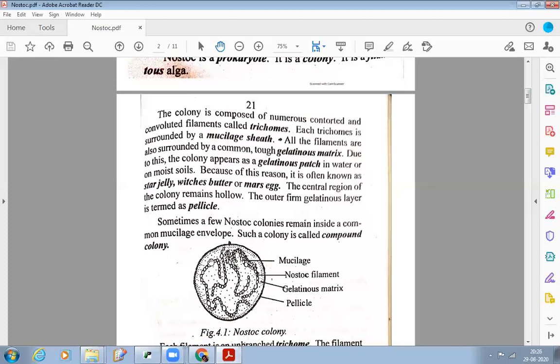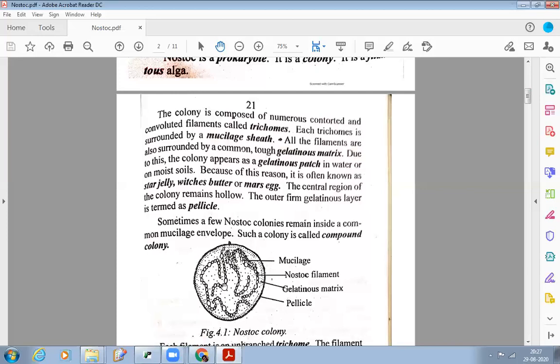If we observe each filament, we will come into the detail of the structure of each individual filament. This filament is surrounded by a gelatinous material, that is a mucilaginous sheath. So each individual is surrounded by a mucilaginous sheath, and all the individuals are embedded in a common tough gelatinous matrix.